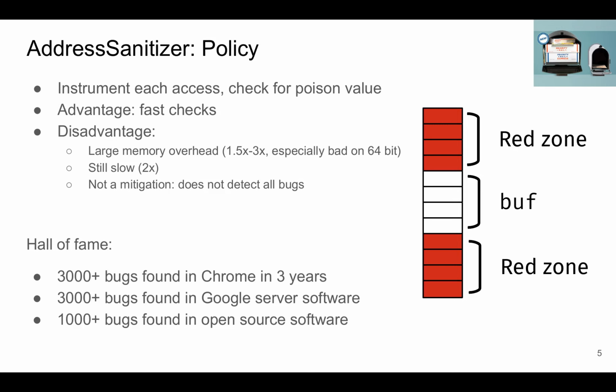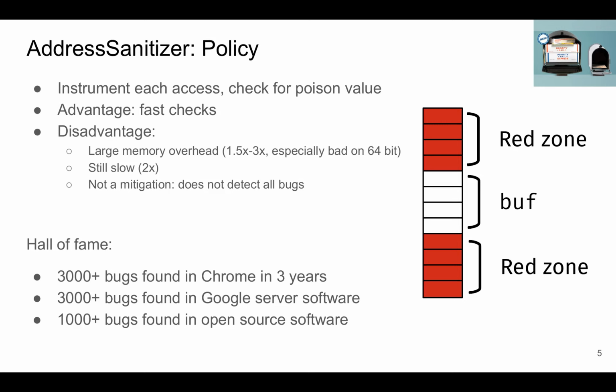So whenever you allocate a buffer, and this is the figure here on the right hand side, you allocate a buffer of 4 bytes. You can access the buffer, you get a pointer to the buffer. Address sanitizer pads this buffer with 2 red zones. Right? So every time you allocate such a buffer, the address sanitizer instrumentation will allocate 2 more buffers before and after your buffer, and then fill it with magic data.